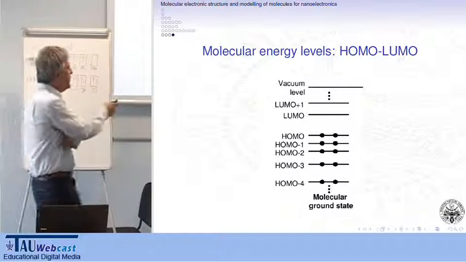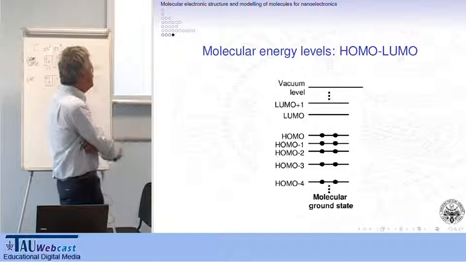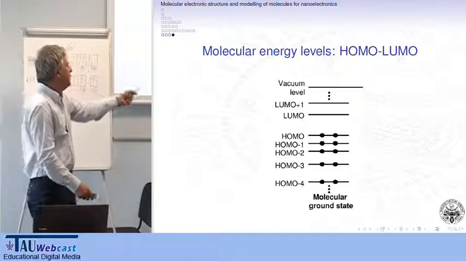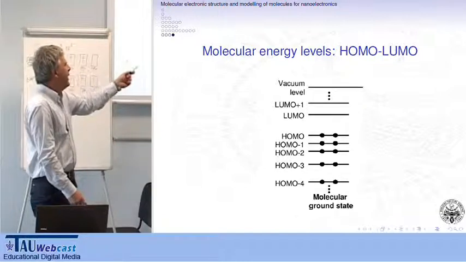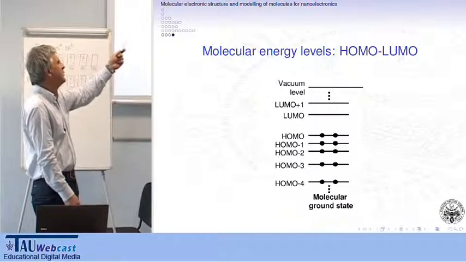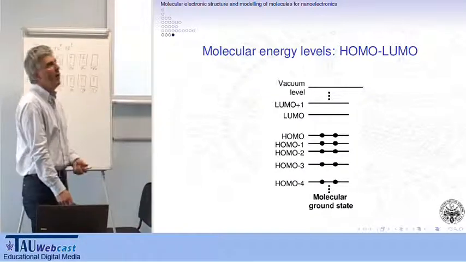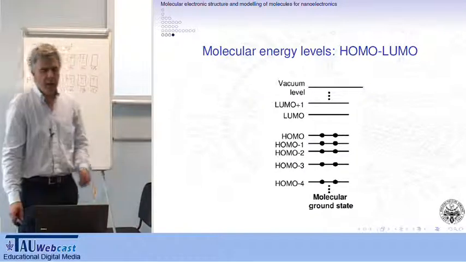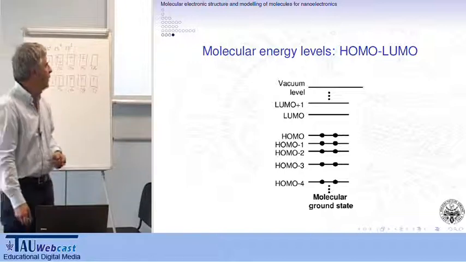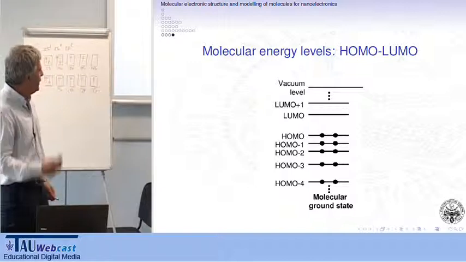So it's quite clear that in the ground state, the molecule has all the lowest levels occupied, and starting from LUMO plus 1 and so on, the levels are free and can obviously be occupied when the molecule is in an excited form.